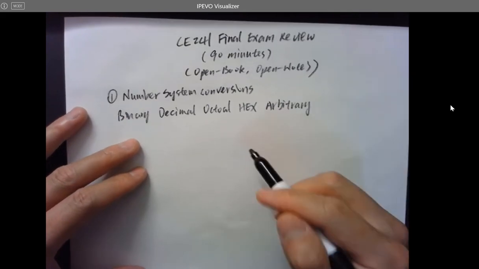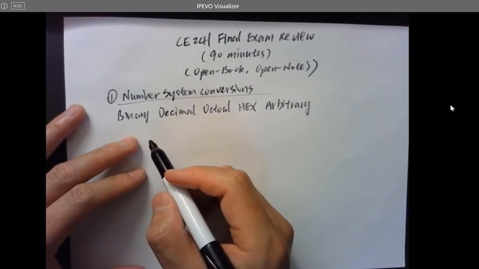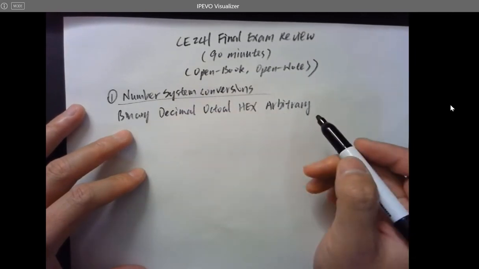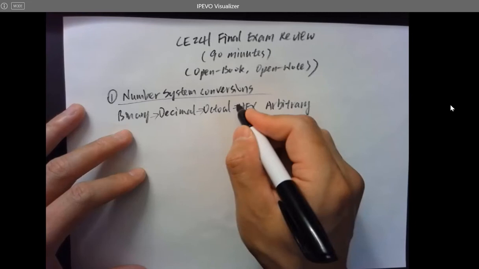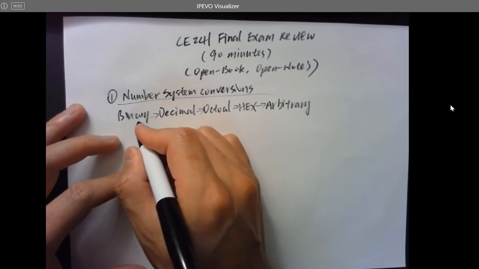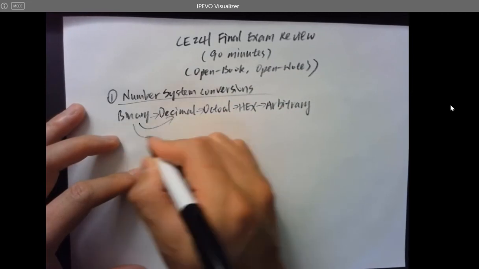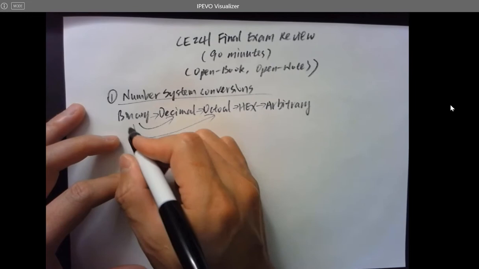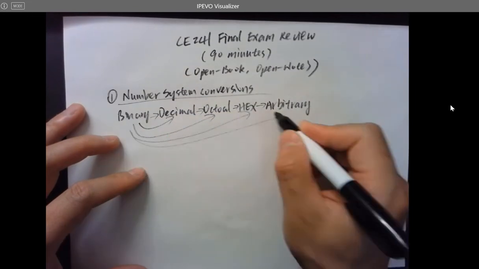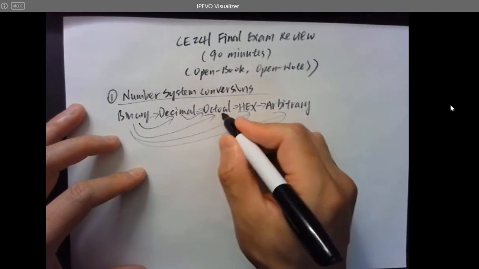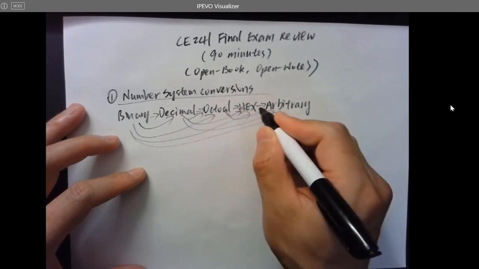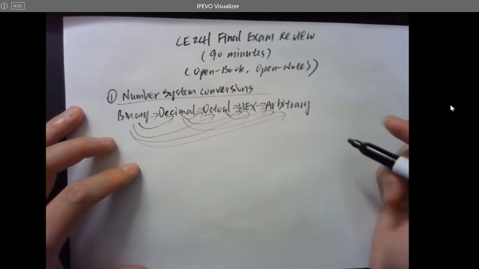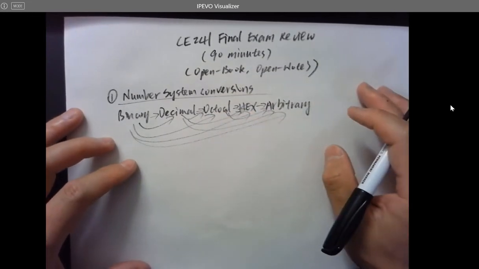And you have to know how to convert the numbers back and forth, not just one direction. It's going to be like this, any of them, all of them, and then going backwards.